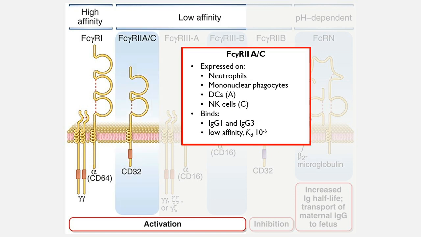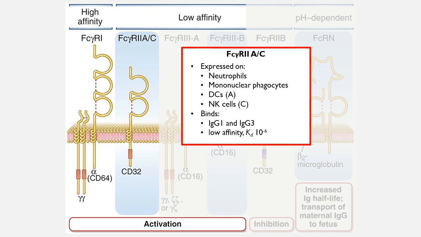There are three different kinds of Fc gamma R2 receptors, named A, B, and C. All of them have very similar extracellular regions. They bind to the same ligands or very similar ligands, and they really just differ on the intracellular components and what they actually signal on the inside of cells. The A and C receptors, in general, are both activators of phagocytosis to a lesser extent than the Fc gamma R1.